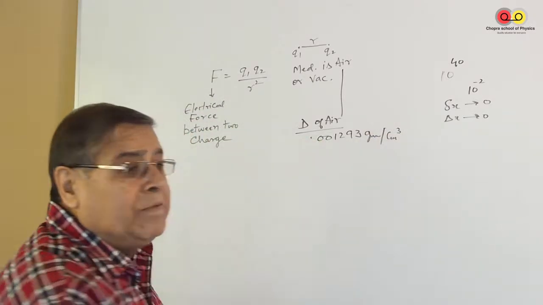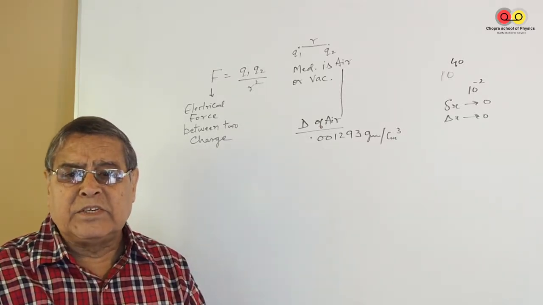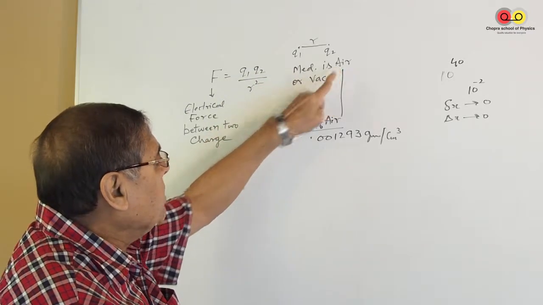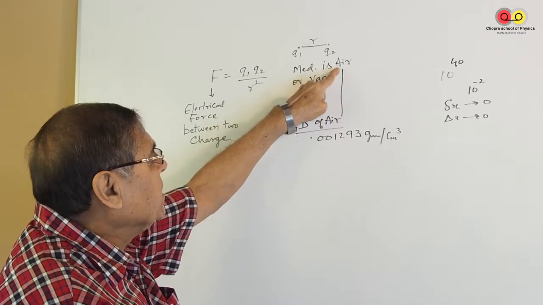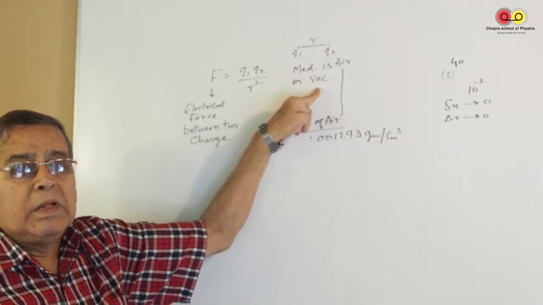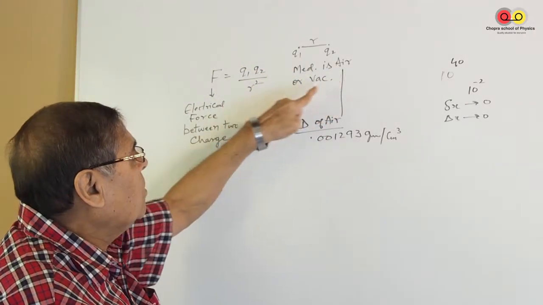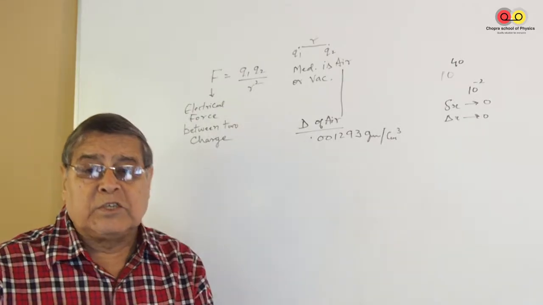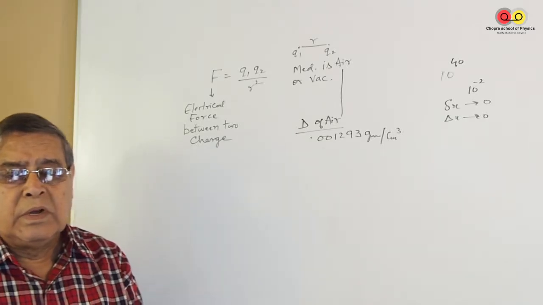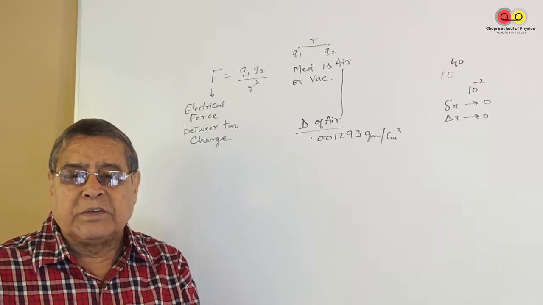After the decimal, we have two zeros. The number is negligible, very small. So if you compare the densities, air is almost a vacuum, or rather you can say a partial vacuum. So we have written here, the medium is either air or vacuum. If the medium is not specified in any question, we must assume that it is either vacuum or air. I hope this point is clear to you.